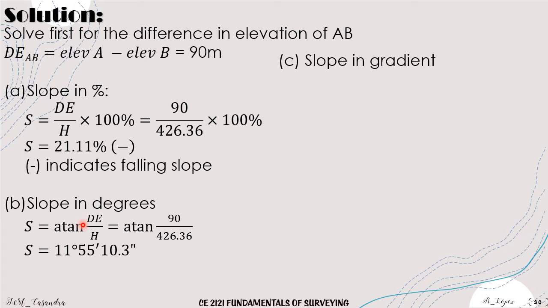So for next one, slope in gradient. This is simply equivalent to our dE over h, so that's 90 over 426.36. So what we will do here is to express this one in simple fraction.